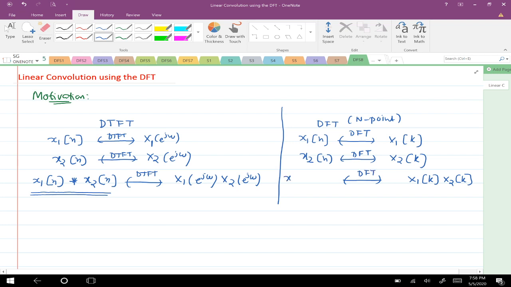I would get this, as we already worked out in our earlier modules. This would give me the N-point circular convolution of x1 of n and x2 of n.